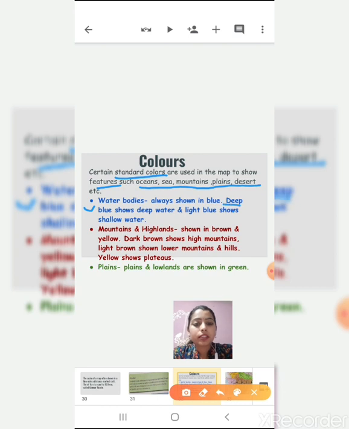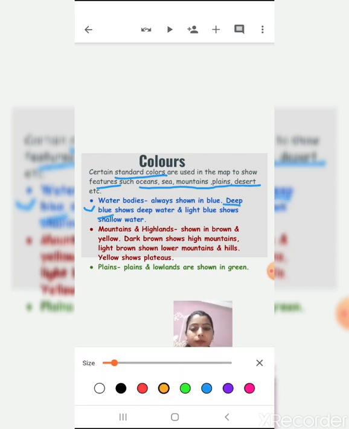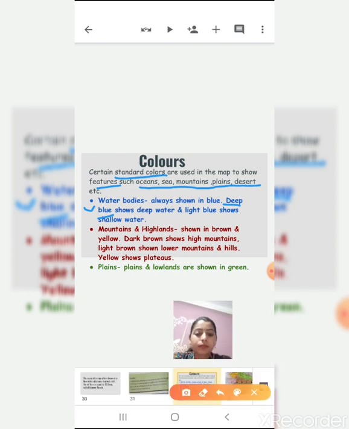Deep blue, that is dark blue color, shows deep water, and light blue shows shallow water. Understood?